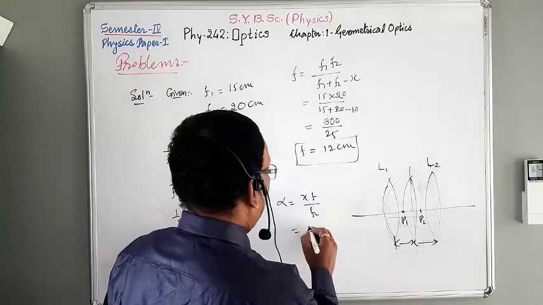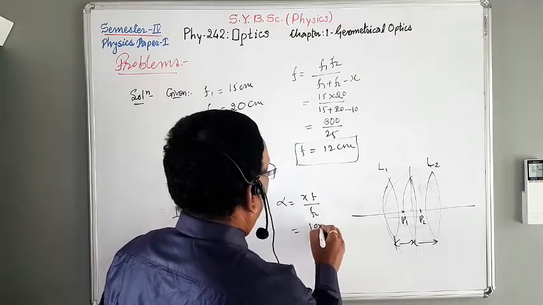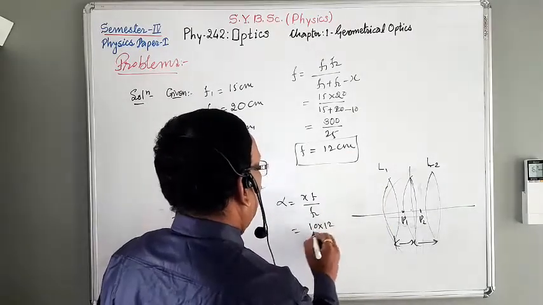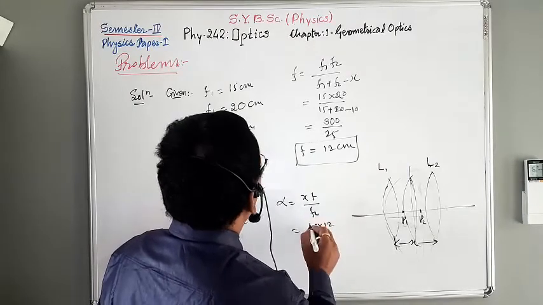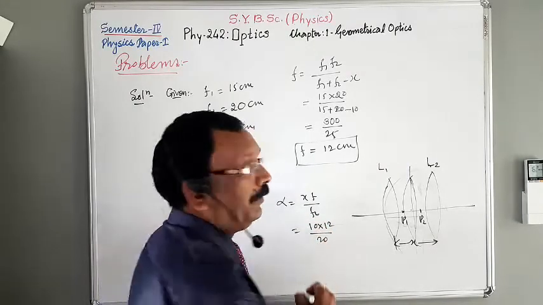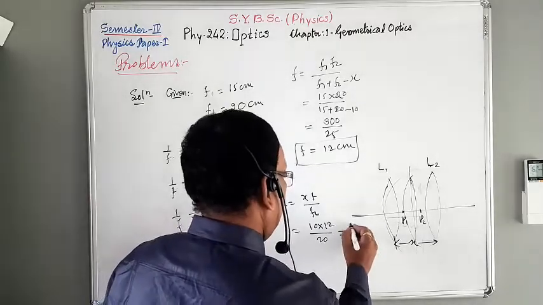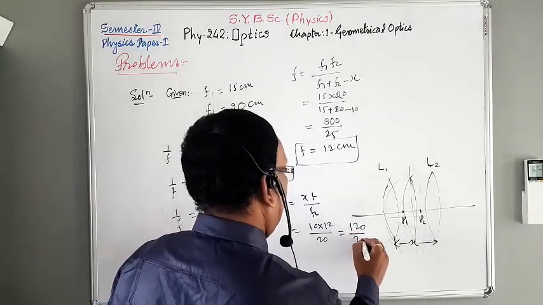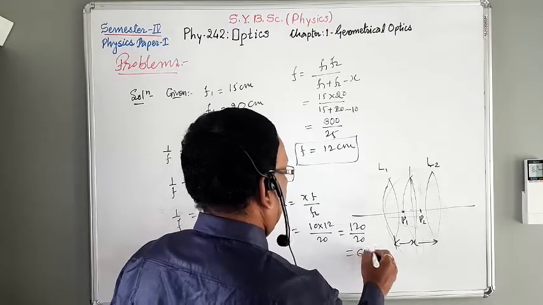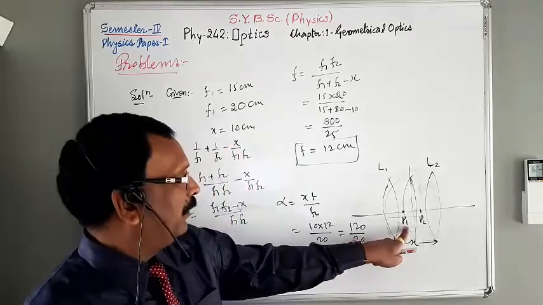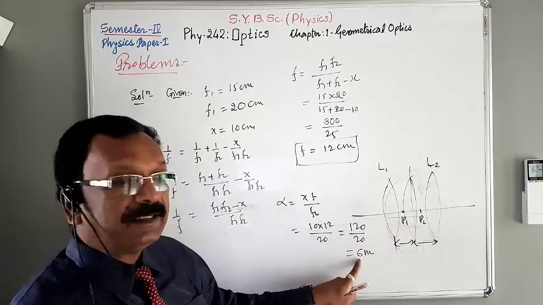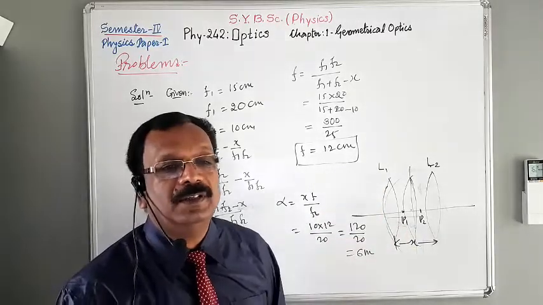So x is 10, focal length f is 12, and the value of f2 is 20. So 120 upon 20 is equal to 6 centimeter. So principal point P1 is at a distance of 6 centimeter from L1.